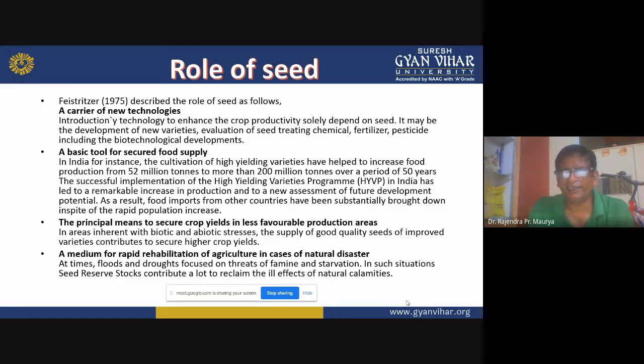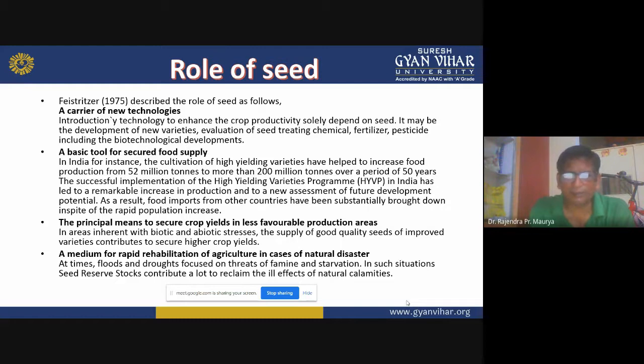So we can say in the last 50 years we have increased four times, from 52 million tons to more than 200 million tons. This is a great achievement, and the successful implementation of the high yielding varieties program in India has led to a remarkable increase in production and to a new assessment of future development potential.